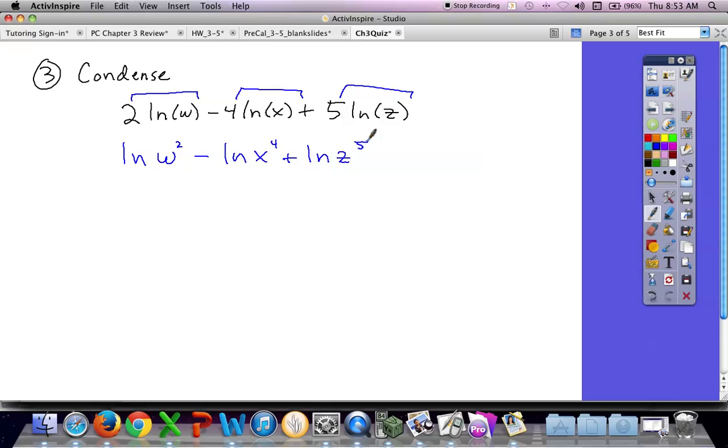Okay, and now you can condense them into 1. ln, in the numerator will be w squared z to the 5th. In the denominator will be x to the 4th. That was the condense. Right, remember, when you condense, 1 log, not 3.